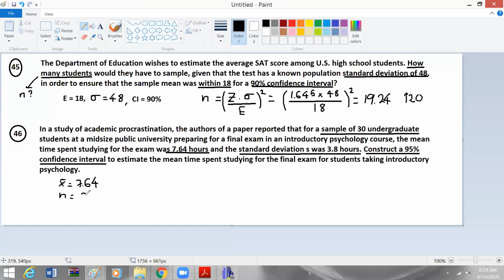So this is N equal to 30. Okay, and now let me just rewrite them. Now we're going to look for the standard deviation S, and in this case, S equal to 3.8 hours.